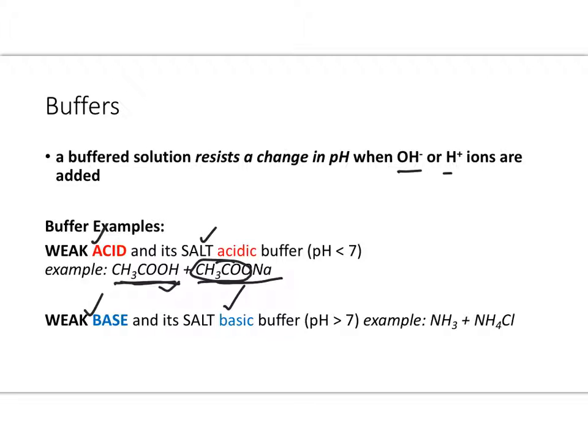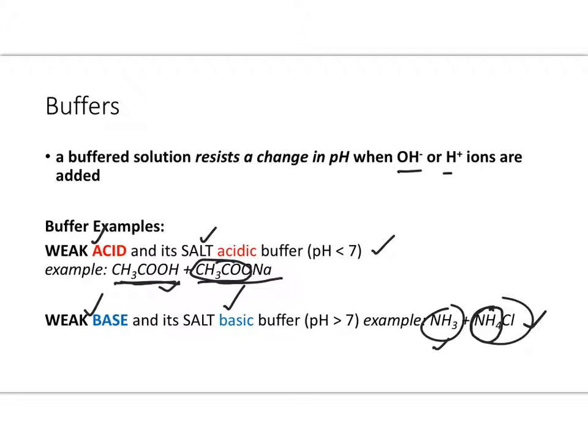In the case of ammonia and ammonium chloride, notice the ammonium is the conjugate acid of the weak base NH3. Okay, so basically, guys, we have an acid or base and a salt that shares a common ion. In this context, we're going to have either acidic buffers or basic buffers, and that's usually how we categorize them.